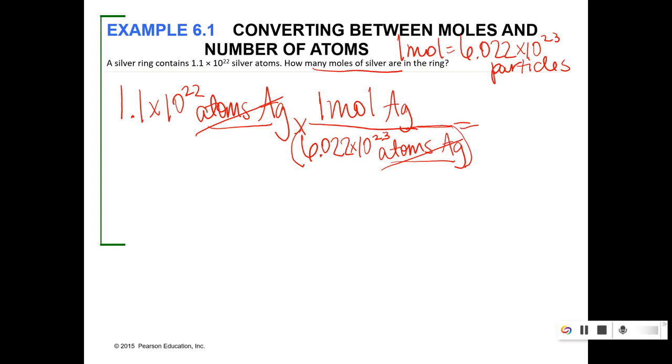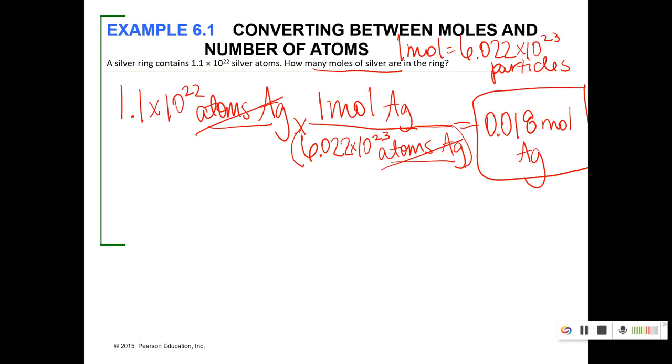Just use the little exponent caret button with the times 10. Again, though, if you're using that functionality of your calculator, you're going to need to put that bottom number in parentheses. When we do this, you should get 0.018 moles of silver.